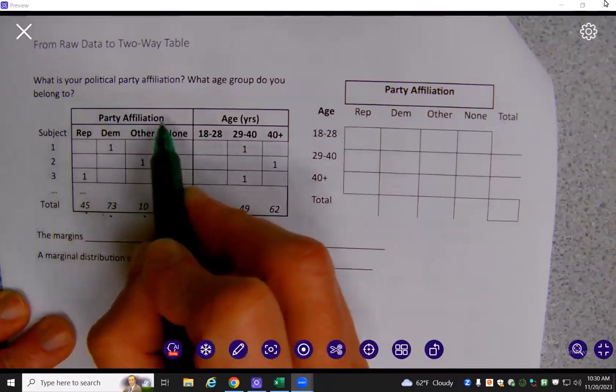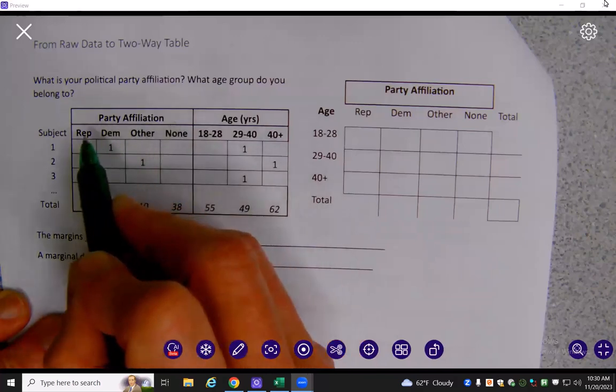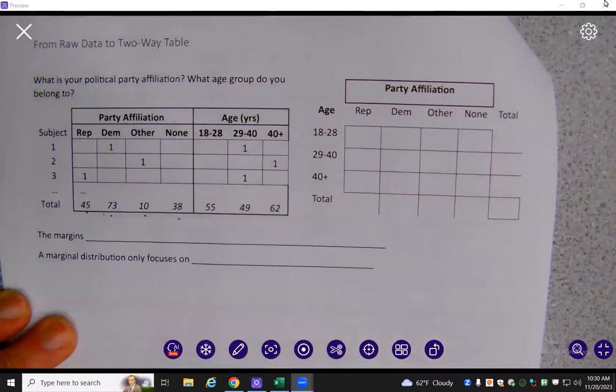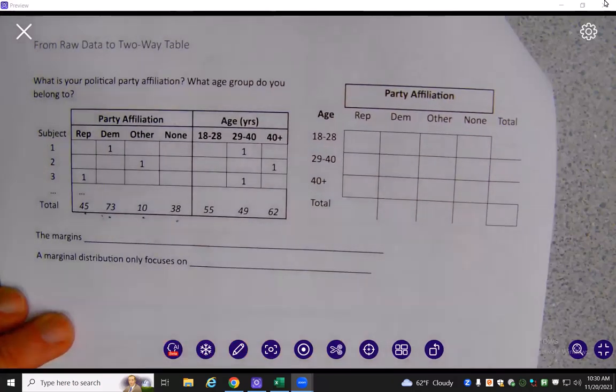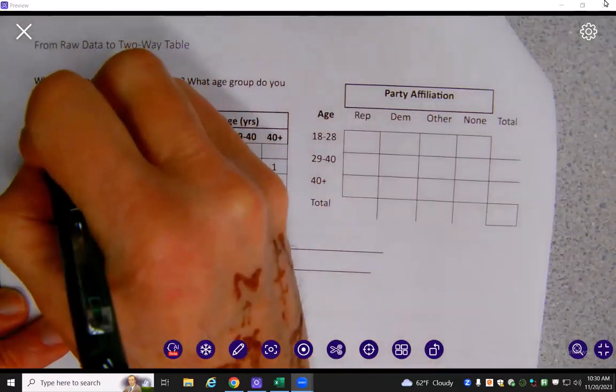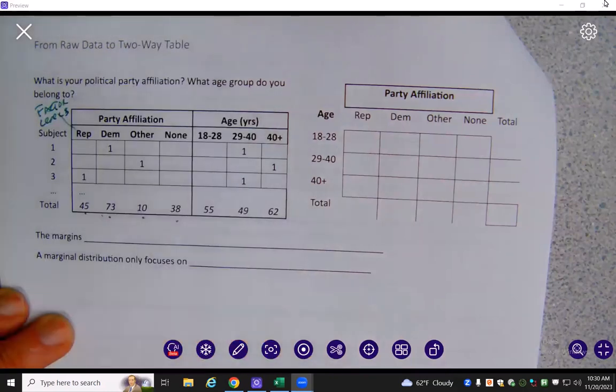In relation to the variable party affiliation, these are known as factor levels. So these are the factor levels. Exactly, that's what they represent.